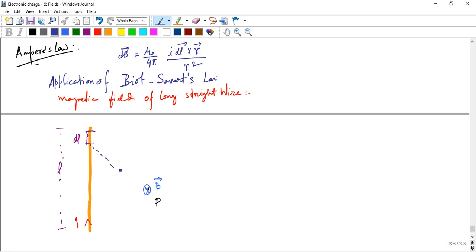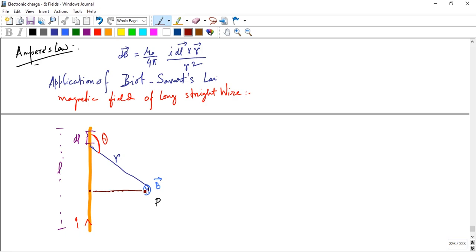Suppose you join these. It is too difficult to draw this line, but now I can consider it as a straight line. It does not look like a straight line, but you imagine it as a straight line. The distance here is r, and the angle here is theta. From there is the origin point.